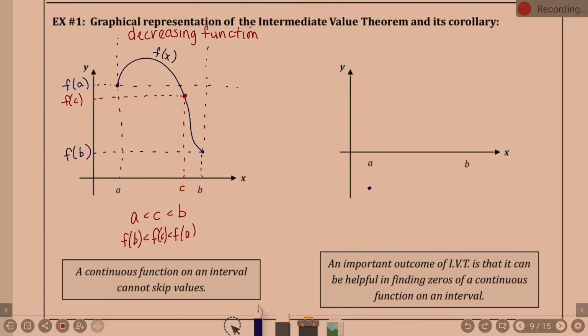So then that means that f of A is going to be down here. And then I'm going to put B up top, or up higher, in other words. The key is A is below the y-axis, B is above the y-axis. Fair enough?